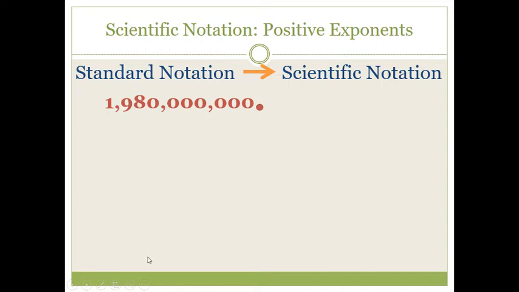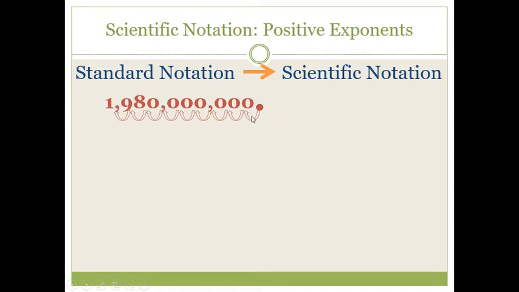We get a number between 1 and 10 by moving this decimal place to the left. Remember, after a large number like this, there's always a decimal, even if you don't see it. We count how many times we move it until we have a number that is between 1 and 10.